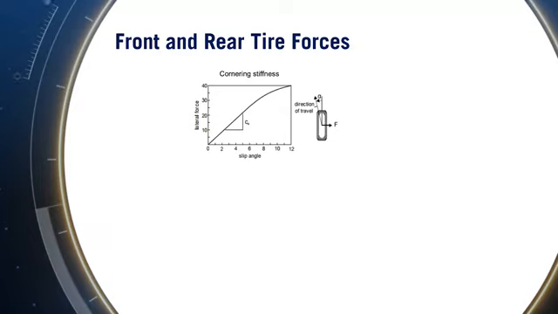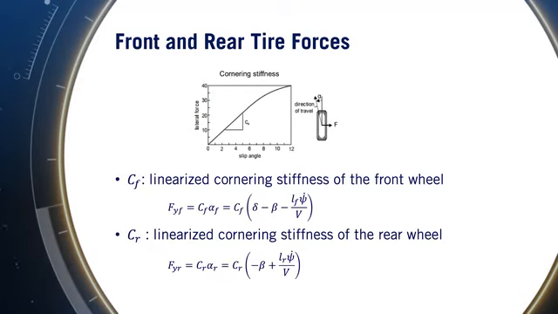This diagram shows the relationship between the lateral tire force and the tire slip angle, and the slope of the line at 0 is known as the cornering stiffness coefficient, C alpha. As can be seen in the plot, for small slip angles, typically less than 8 degrees, the relation is almost linear.